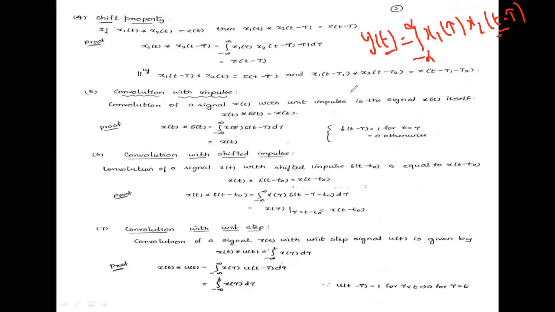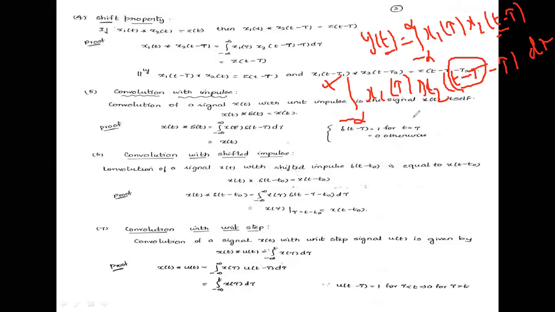But in this equation, the integral from minus infinity to infinity of x1 of tau, x2 of capital T minus tau, d tau. So instead of t, capital T, what is the value here? T minus tau. So what is the output? Here I am taking the output as z. So z of t minus tau. Following? The same thing we got here.